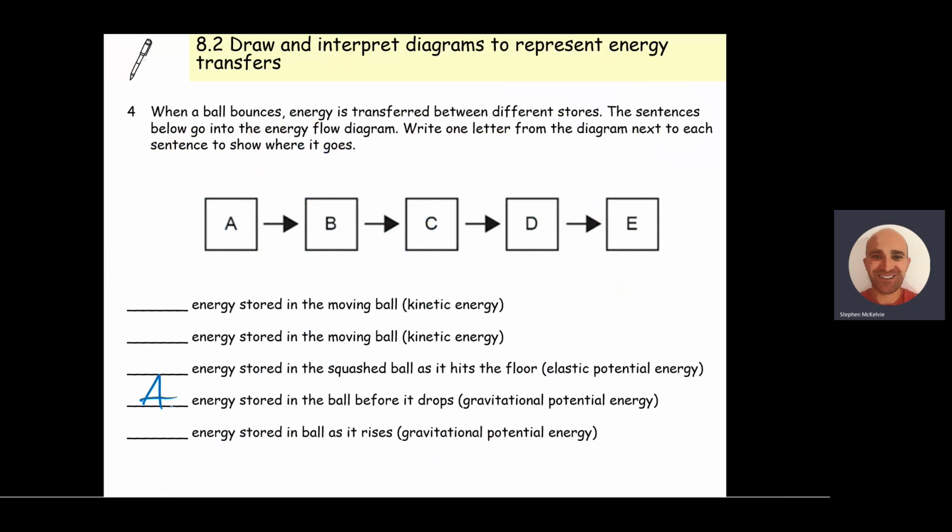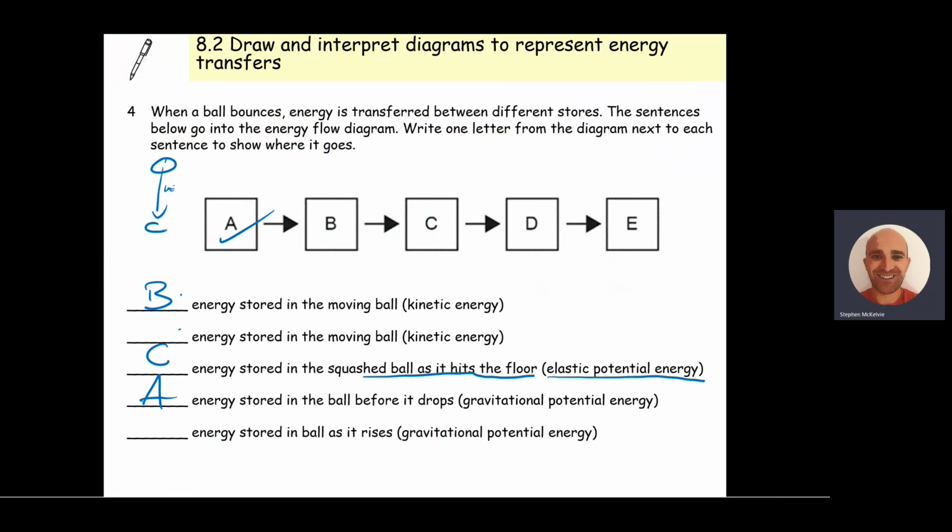So energy is stored in the ball before it drops. It's here, and so it's going to start dropping. As it drops, it's going to be moving. So it's either going to be this one or this one as B, but it doesn't matter, they're the same thing. So I have my ball and now it's dropping. It's got kinetic energy as it drops. When it hits the ground, energy stored in the squashed ball as it hits the floor is elastic potential energy. So that's here.